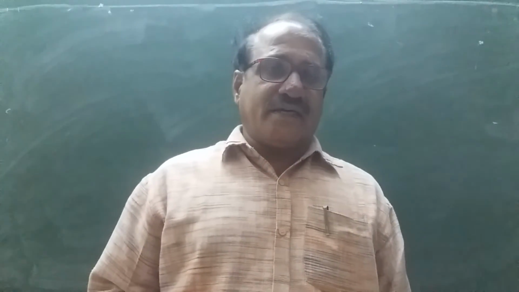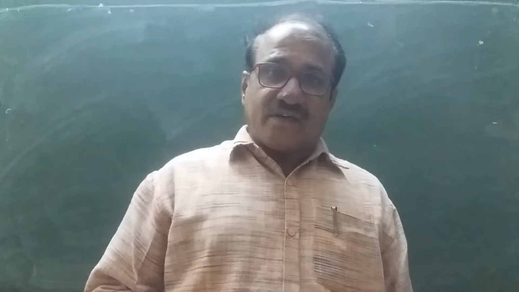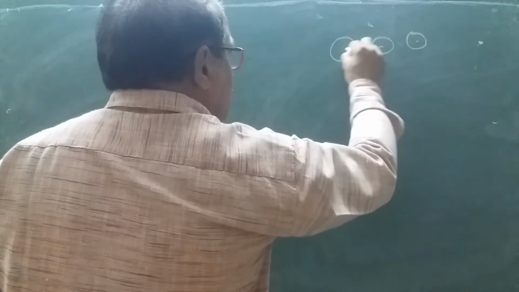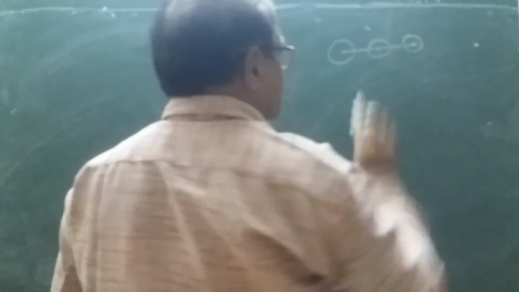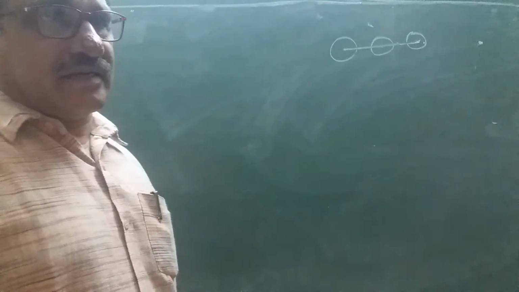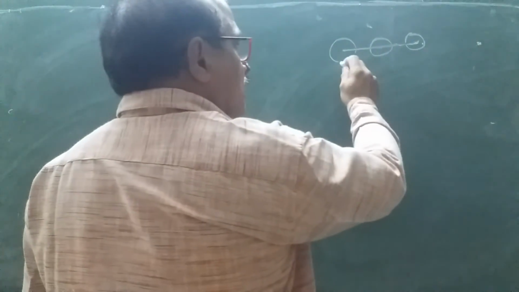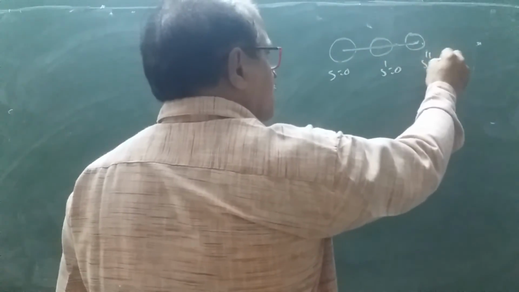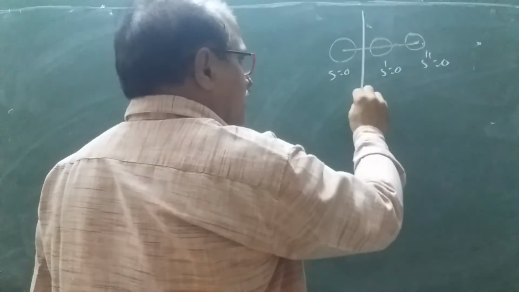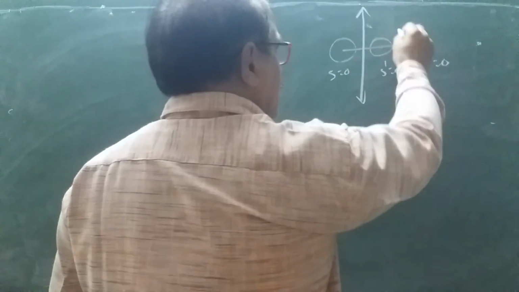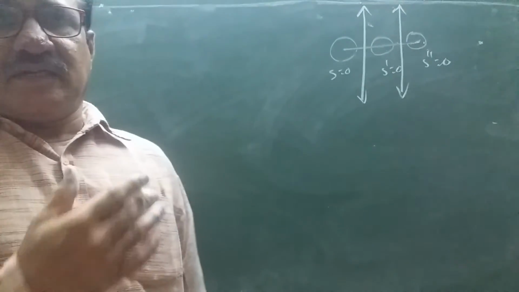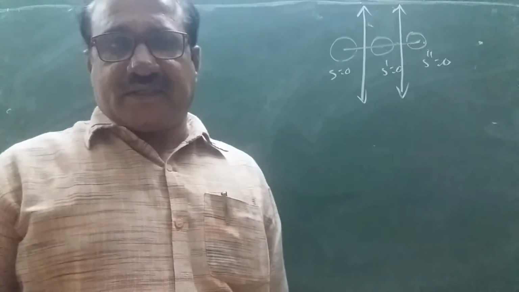If three circles are there in a plane with collinear centers, like this, their centers are collinear. If we draw the radical axes, for S is equal to 0, S dash is equal to 0, S double dash is equal to 0, then the radical axis of these two may be like this, and the radical axis of these two like this. Then these two are parallel to each other.